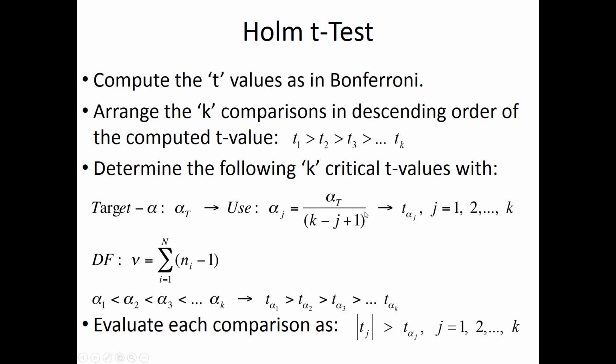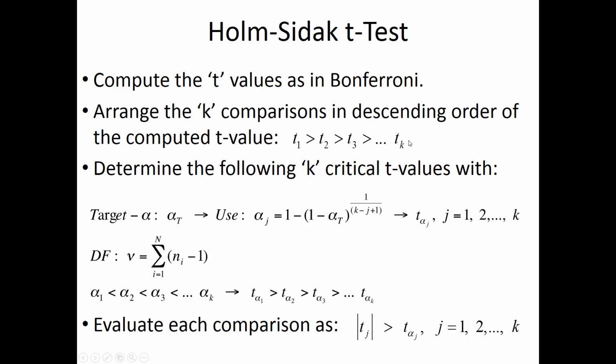Thus, if we were to make 3 comparisons, then the largest t-value is compared to the threshold value with alpha divided by 3. The second highest t-value is compared to the threshold t-value of alpha divided by 2. And then the last comparison is made to the t-value of alpha equal to 0.05. At any point within the comparisons that the t-value does not exceed the threshold value, the comparisons are halted, and the null hypothesis is considered true for the remaining comparisons.